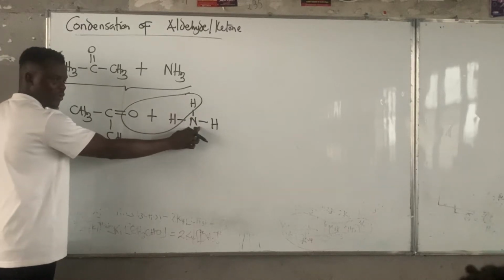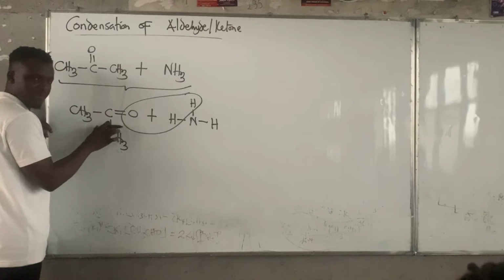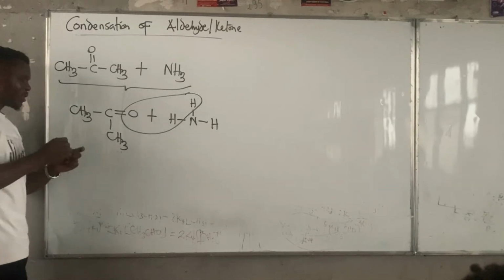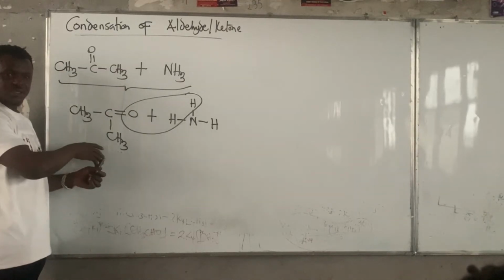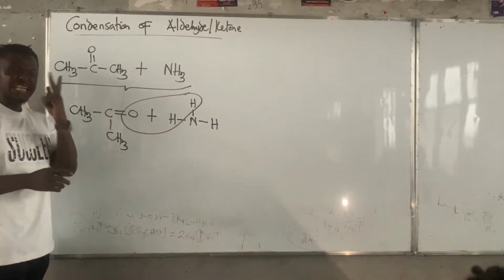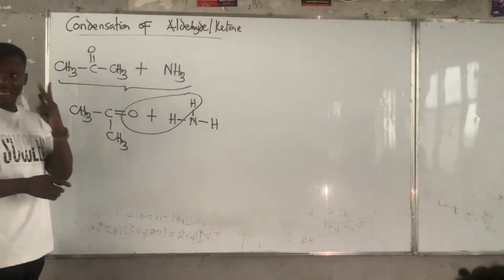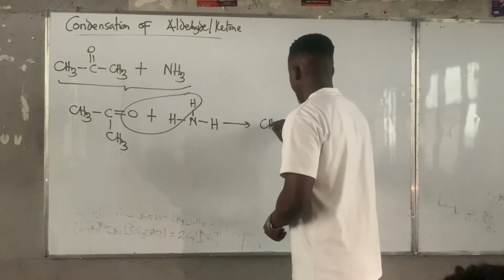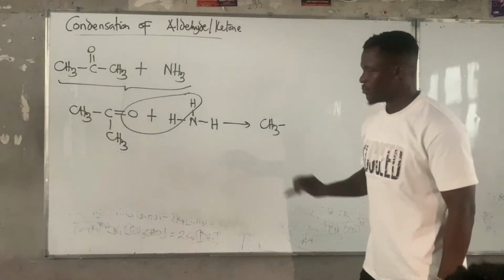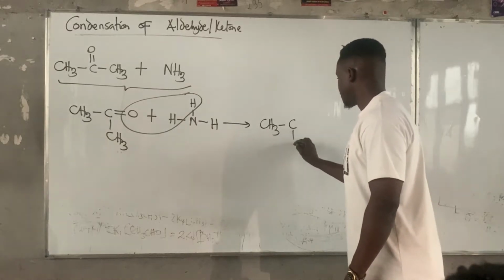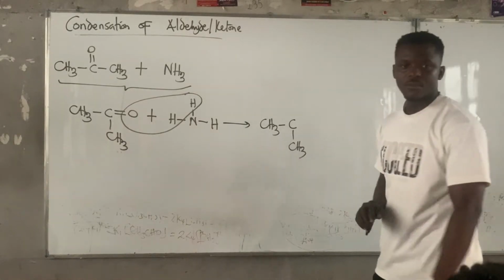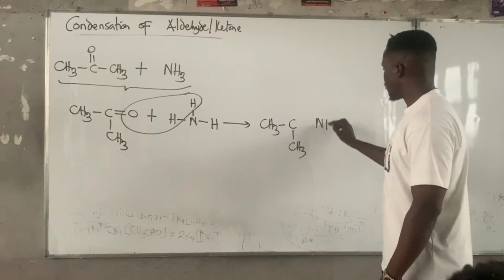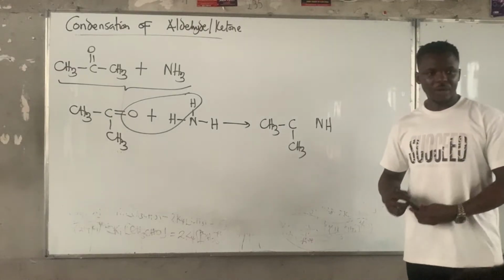The 2H is always coming from the reagent, and the O is always coming from the aldehyde or the ketone. That is why all the reagents I gave you have at least 2 hydrogen. So the product becomes CH3, C, NH.